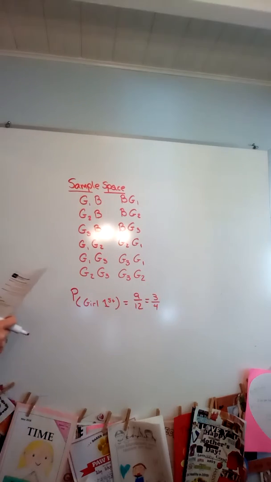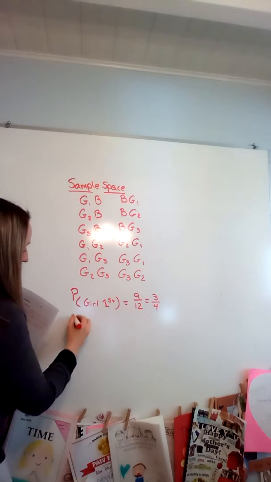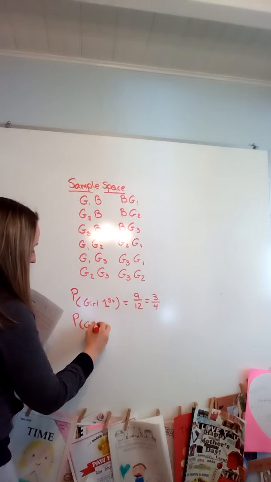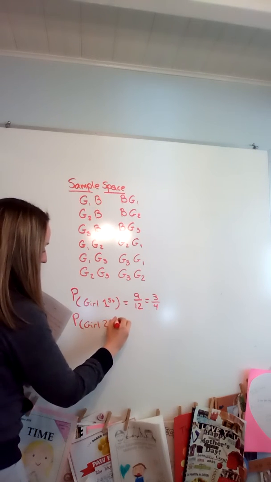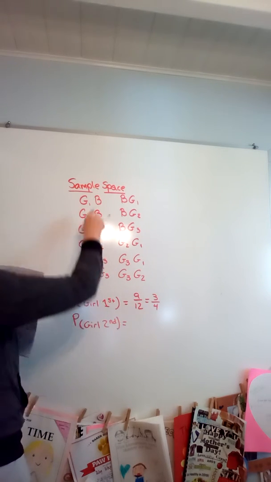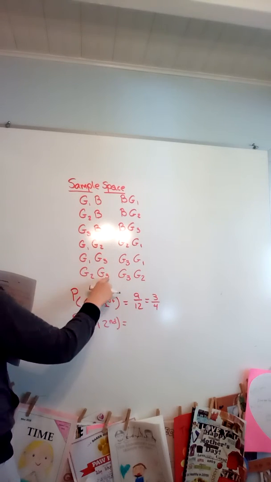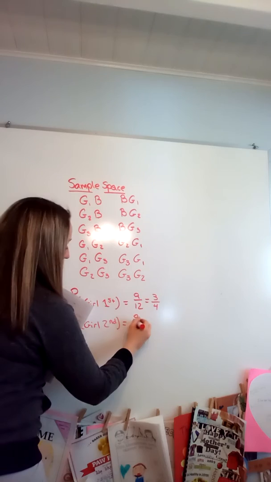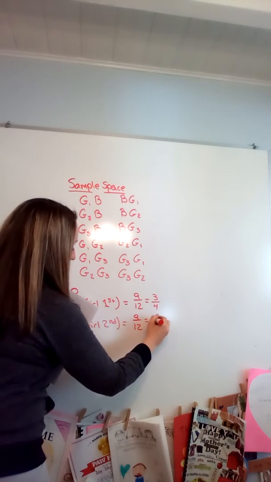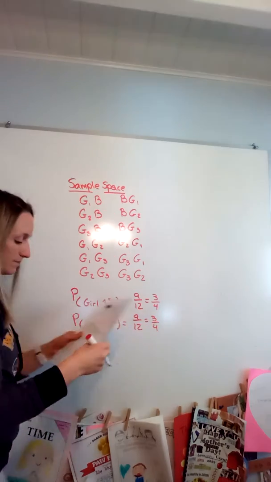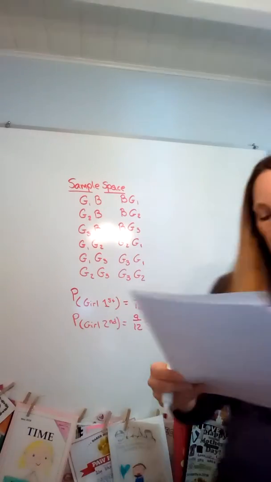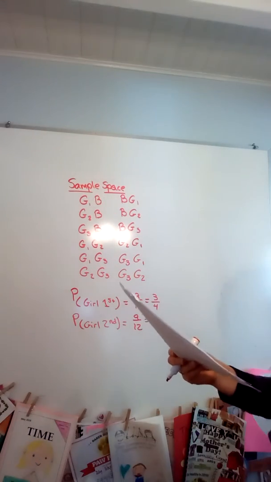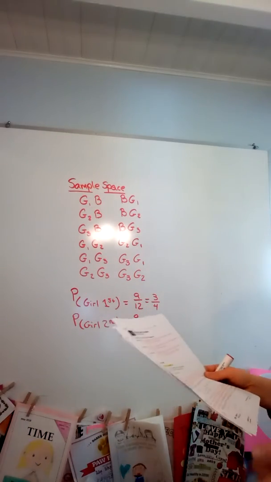Okay? And then what's the probability that a girl is going to be chosen second? So I go through 1, 2, 3, 4, 5, 6, 7, 8, 9 out of 12 again, which simplifies down to 3/4.